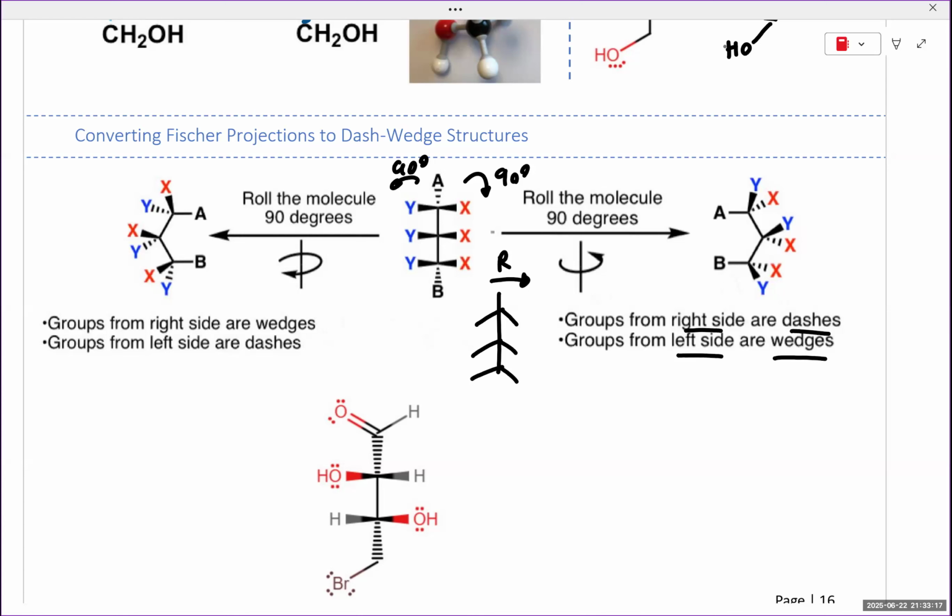So every group on the left ends up with a wedge, and every group on the right ends up with a dash. By comparison, if you were to take the same substituents, the same Fischer projection, and in this case topple it to the left, all the groups on the right side are wedged and all groups on the left side are dashed. These are two different perspectives of the same molecule.